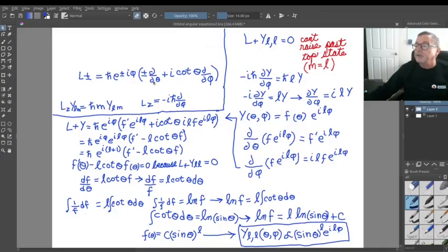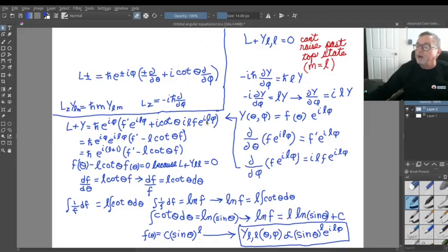The first partial derivative is f prime e to the iL phi, i cotangent, and then we need to do the phi part of it, and that's iL f e to the iL phi. So I just used those two things and plugged them in over there.